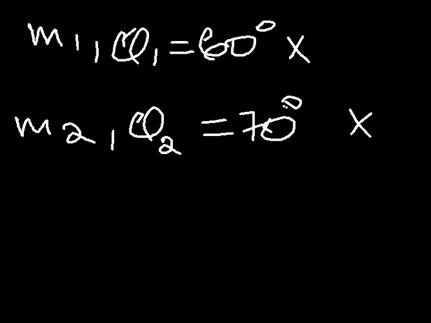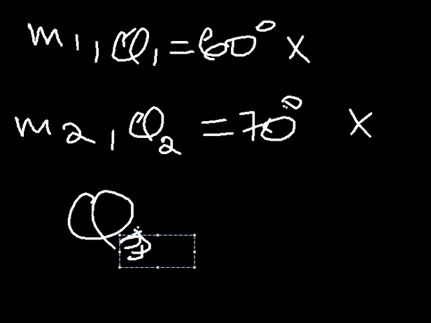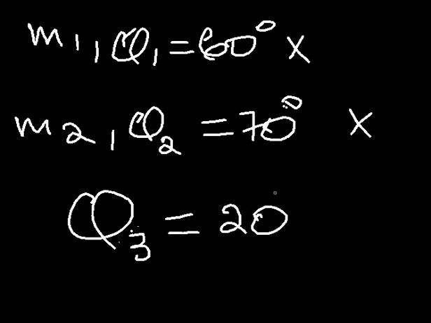Now after they collide inelastically, they are moving at an angle theta 3. Anyways, so let's say theta 3. Let's say the angle is given as 20 degrees with respect to the y-axis.